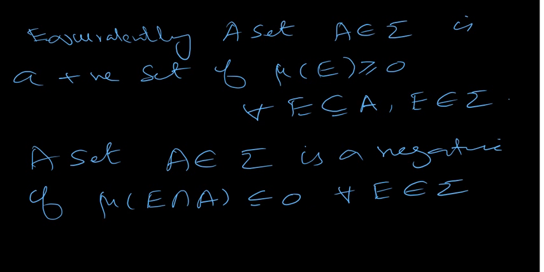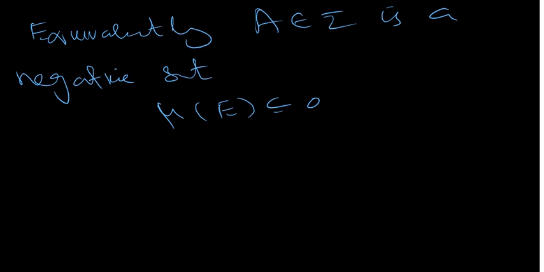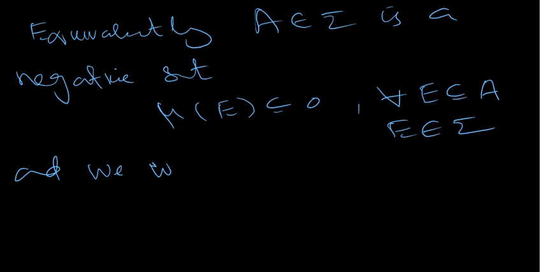Or equivalently, A belongs to sigma is a negative set if mu of E is lesser equal to 0 for every subset E of A with E belongs to sigma. And we write, if A is a negative set, A is less or equal to 0. So that's the definition of negative and positive set.